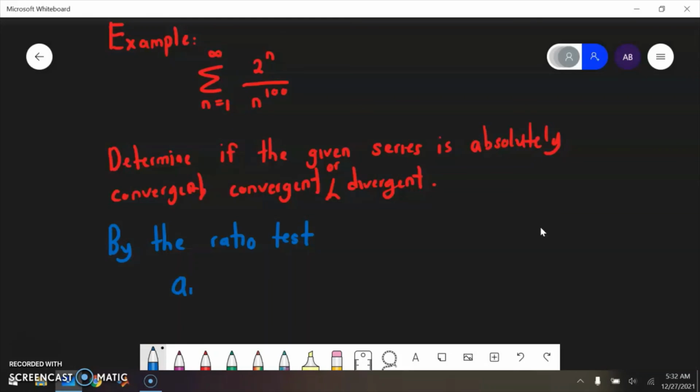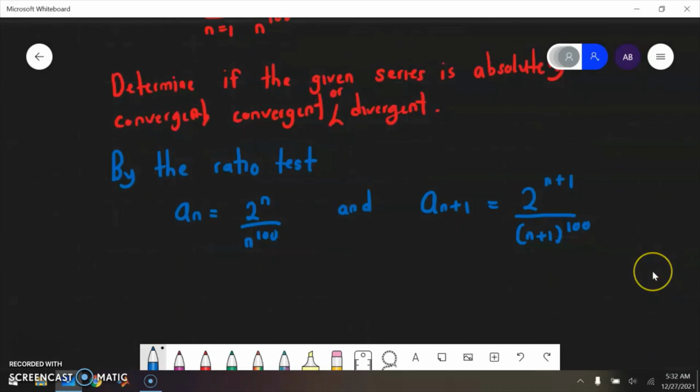So we have an equals 2 to the power of n over n to the power of 100, and an plus 1 equals 2 to the power of n plus 1 over n plus 1 to the power of 100. Now we can say L equals limit n approaches infinity of an plus 1 over an.